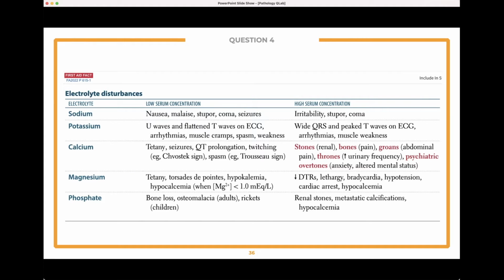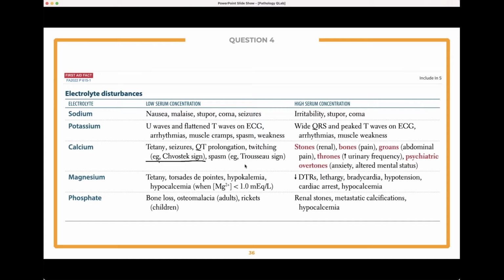I apologize if I'm not pronouncing that right, but that is basically a sign where if you tap the facial muscle or palpate the cheek, you can see muscle twitching. Okay, those are some of the signs of low calcium.